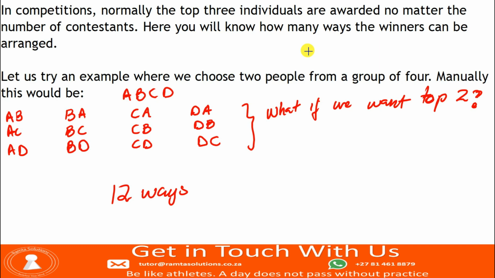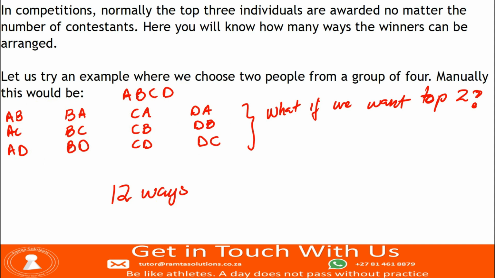This is where on your calculator you will be talking permutations, but I will show you that later. Anyone could be number 1, anyone could be number 2, just like that. As you can see, there are 4 people, but we are only taking 2, and there are 12 ways.